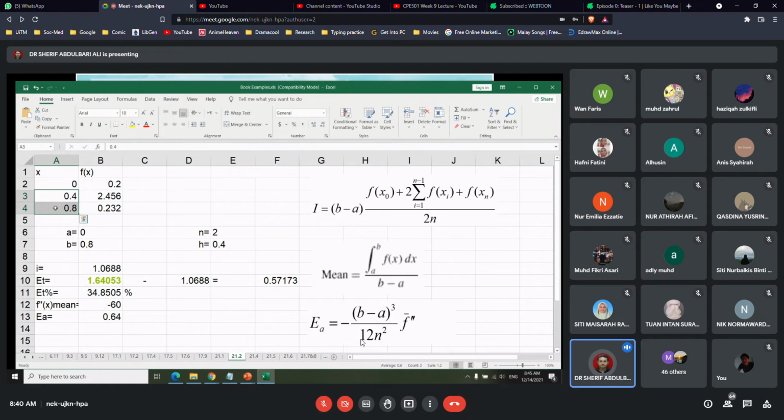So it's 2 times 2, which is 4. So I'm going to calculate, and I will get the answer of 1.0688. Okay, I want you to try this.